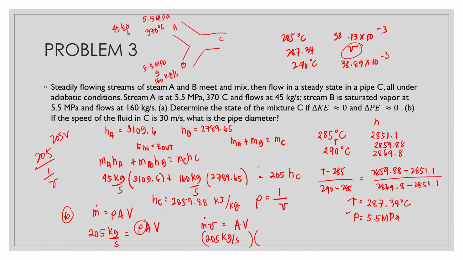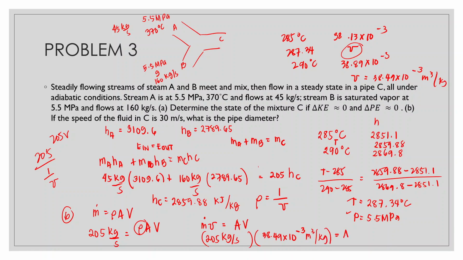So, interpolate ulit tayo. Pag nag-interpolate tayo, ang lalabas dyan is 38.49 times 10 raised to negative 3 meter cube per kilogram. Yun po yung isasalpak natin dito. 38.49 times 10 raised to negative 3 meter cube per kilogram.